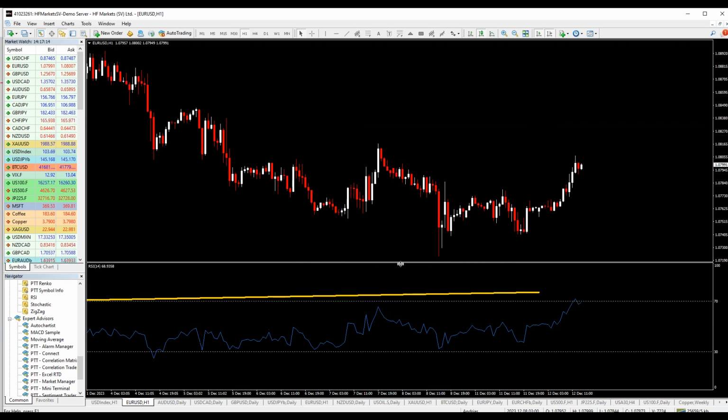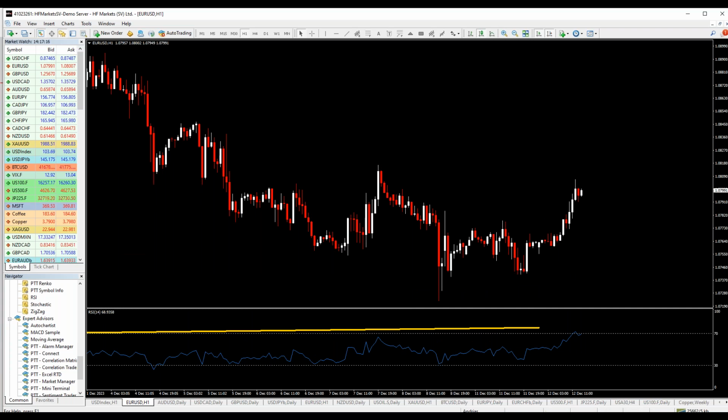As you can see, ahead of the inflation reading today, we can see the euro dollar rising. So this means a weakened dollar, right?